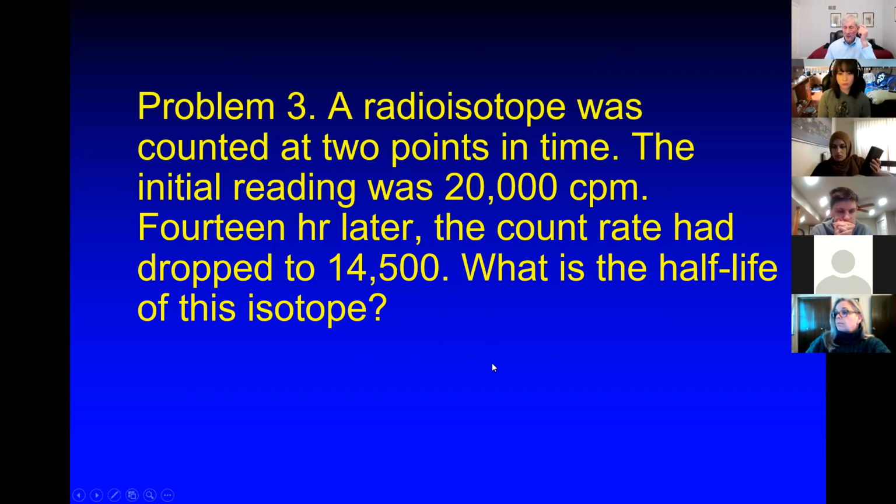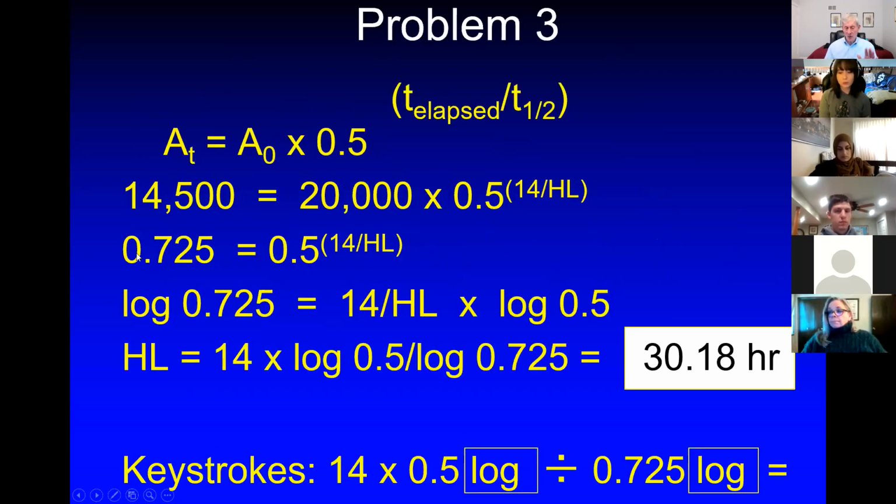So thinking linearly, if it dropped from 20,000 to roughly 15,000, that's about half of a half-life. That's a linear extrapolation. So if 14 hours is half of a half-life, then 28 hours is our estimated whole half-life. And I'm not going to grind through the math, but when you work it out, it came out to 30. Our estimate was 28. Pretty good guess. We're within 10%.